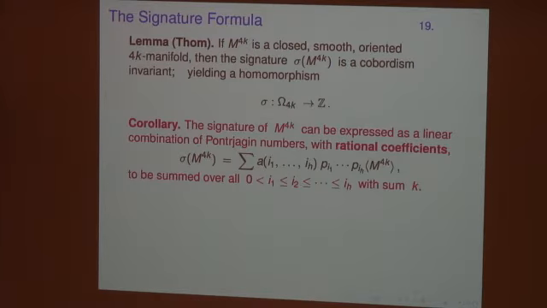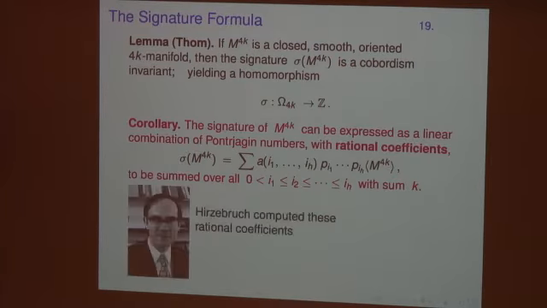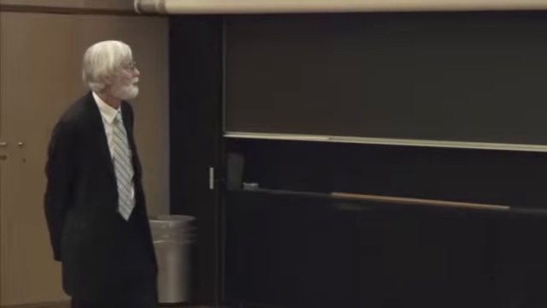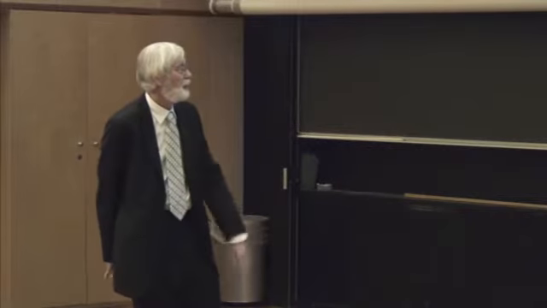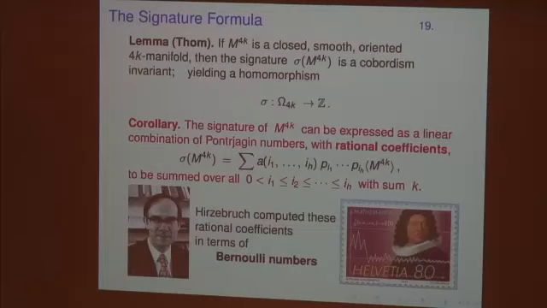Well, Thom was able to give explicit examples in low dimensions, but then about the same time, Brooks made a complete computation of what all of these coefficients were. And this was a computation in terms of Bernoulli numbers. So now we're skipping back 250 years to Bernoulli, who worked around the year 1700.